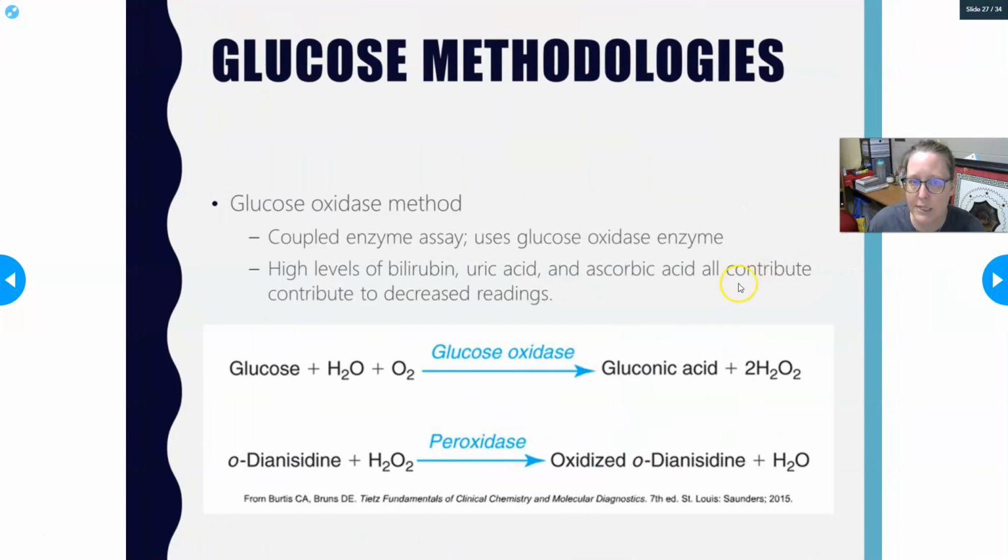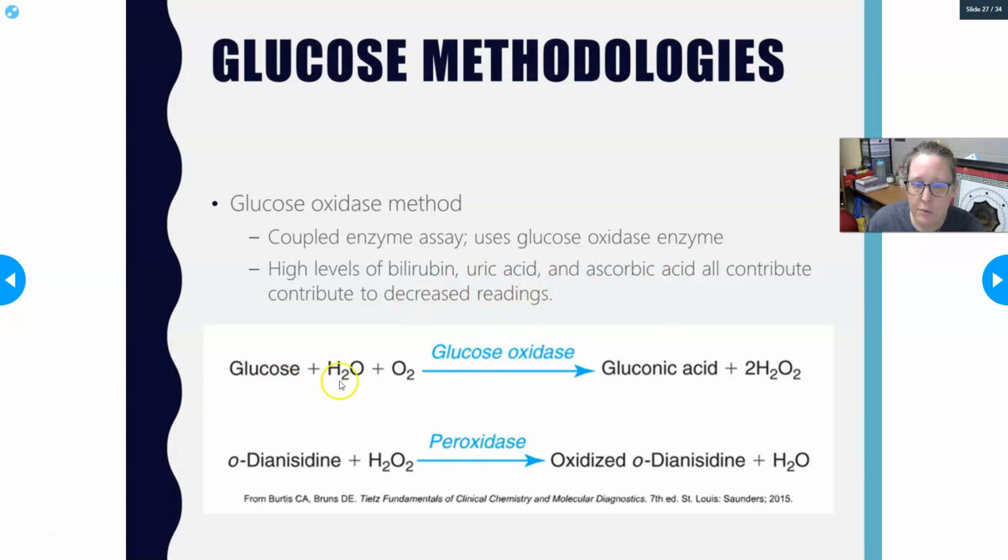The glucose oxidase method is a different coupled enzyme assay. It uses the glucose oxidase enzyme, which is where it gets its name. It is cheaper, so a lot of labs use glucose oxidase, but high levels of bilirubin, uric acid, and ascorbic acid, which is vitamin C, can contribute to decreased readings, so they can interfere with the assay.